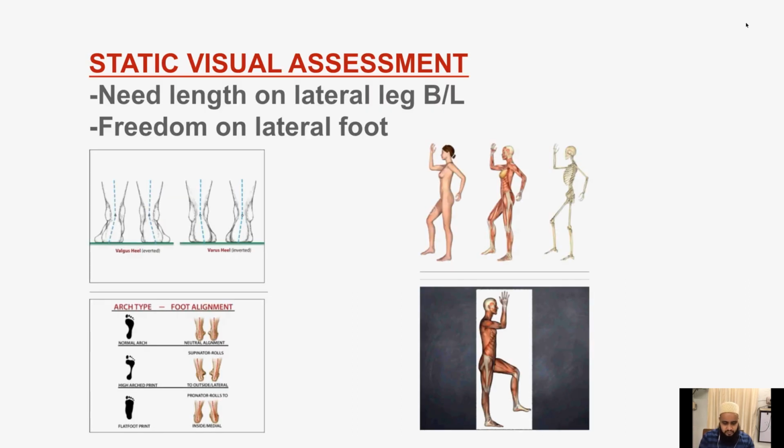One more thing I would like to share: no human body is perfect. Many of us as physiotherapists say, okay, this is the ideal posture or this is a good posture.